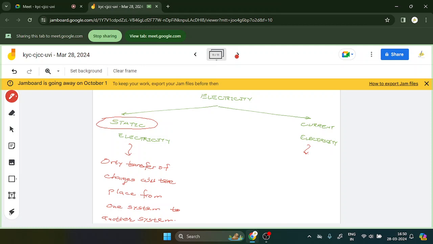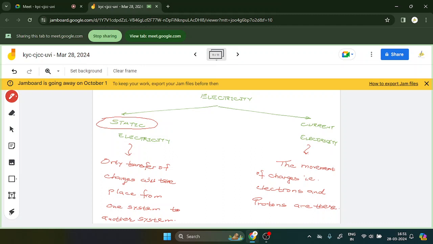The charges, that is electrons and protons, are there. This is current electricity. We will be discussing more about static and current electricity.